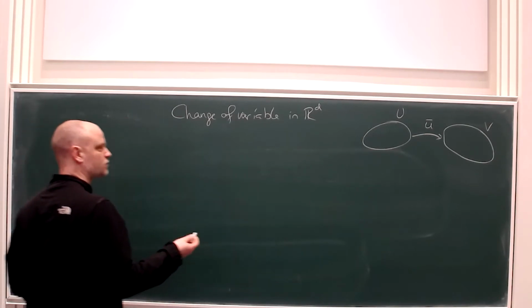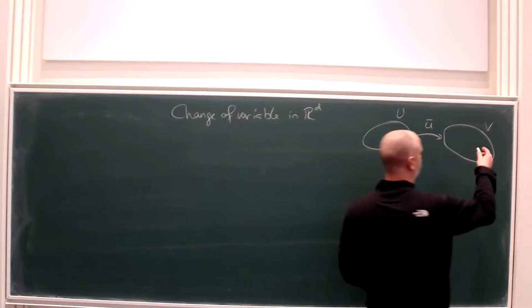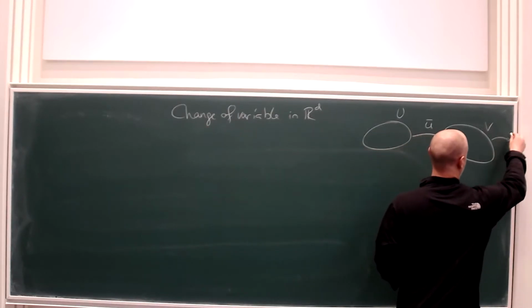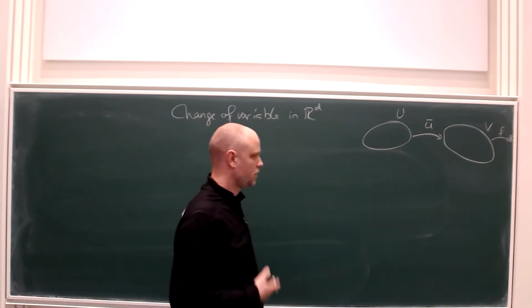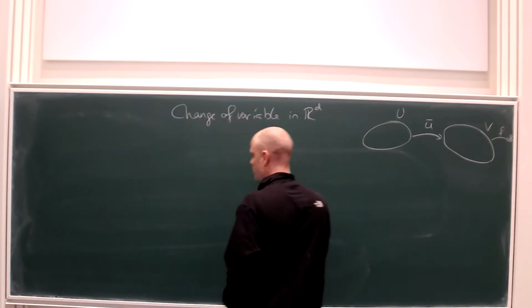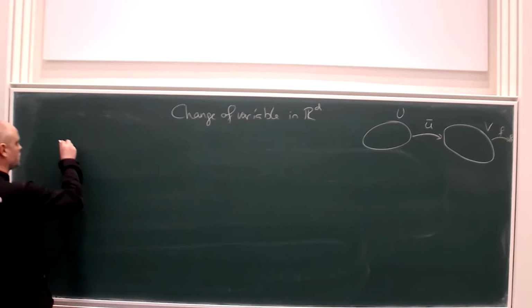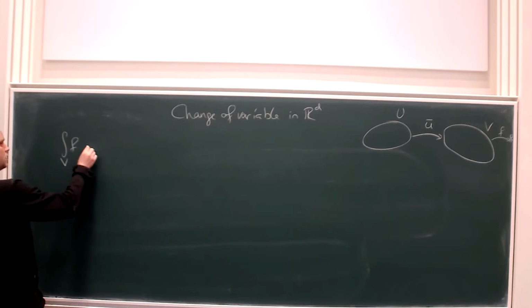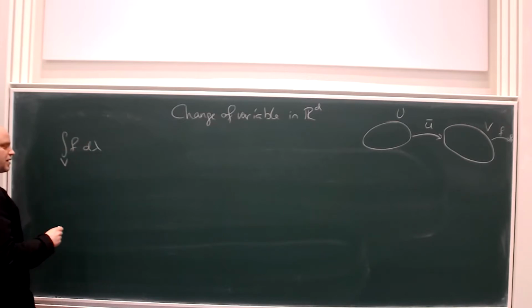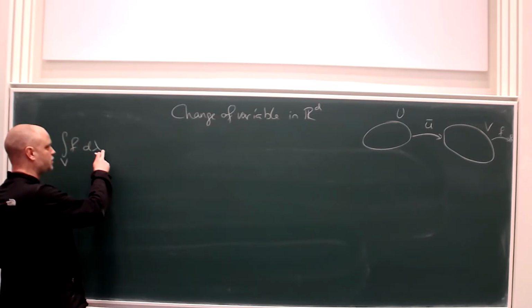And let's say you have some function f that lives on V. Here's the real line, and we have a function f there. We're interested in the integral of f over the set V with respect to lambda, the Lebesgue measure.